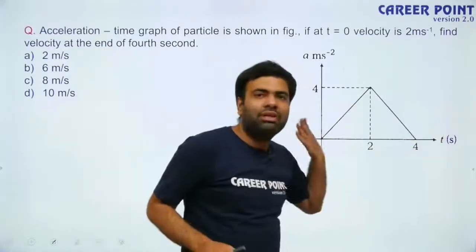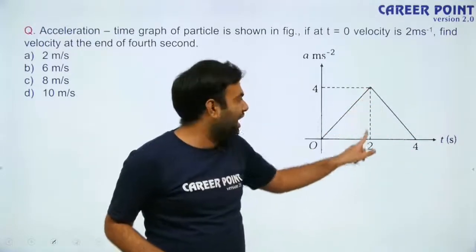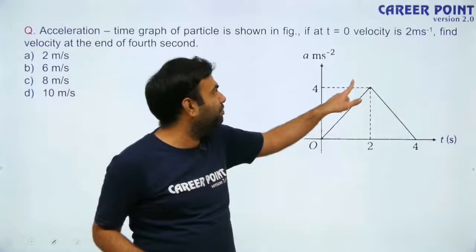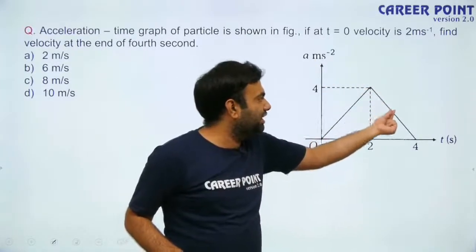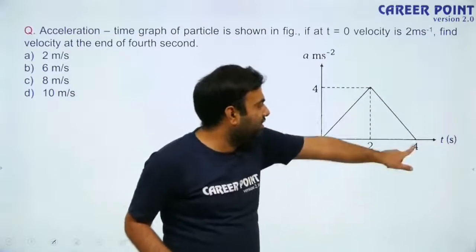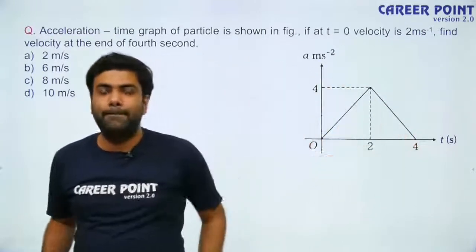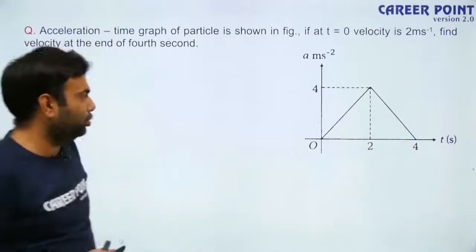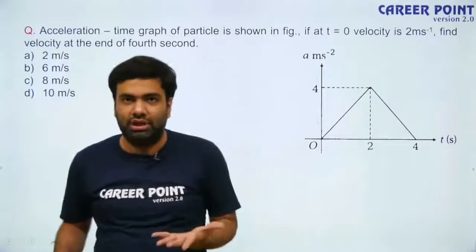As time is passing, first acceleration is increasing linearly and it has a maximum value of 4 meters per second square. Then after 2 seconds, it is decreasing linearly, and at t equals 4 seconds, the acceleration is 0 again. So because acceleration is not constant, equations of motion are not applicable here.